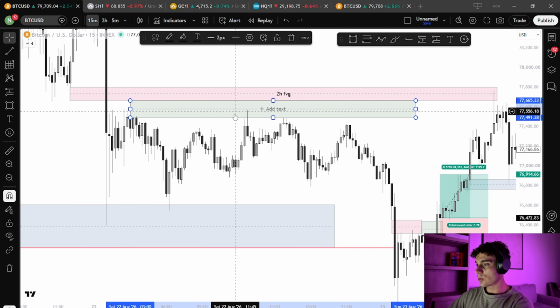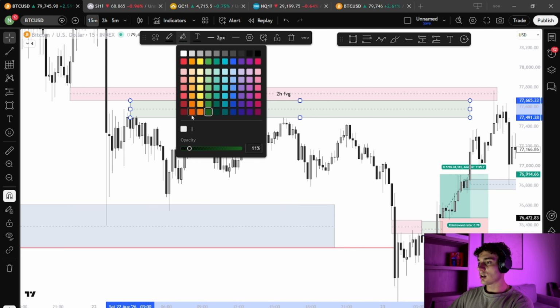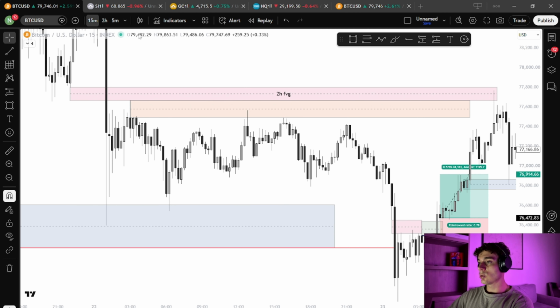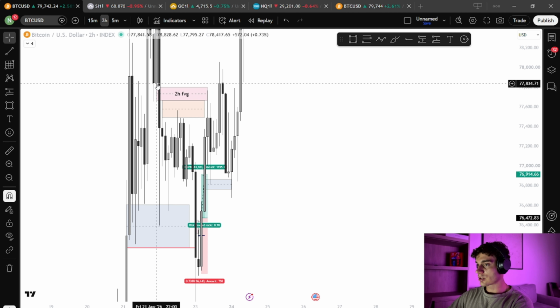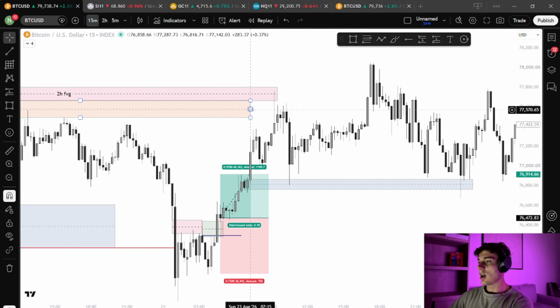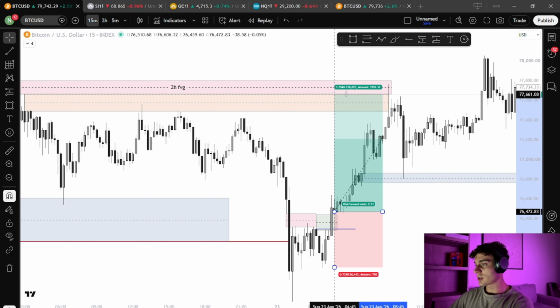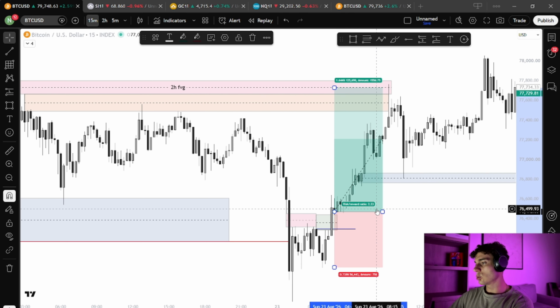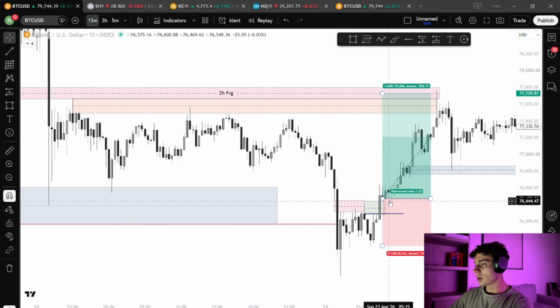Because again, 1 reaction here, 2 reactions, 3 reactions, and it was obvious that there is liquidity above, and on top of that there was a 2 hour fair value gap above that liquidity, which means we have liquidity on the opposite side and a point of interest. So I was targeting 50% of that, and that was 2.23 RR, and as you can see, the target was hit easily with no drawdown at all.